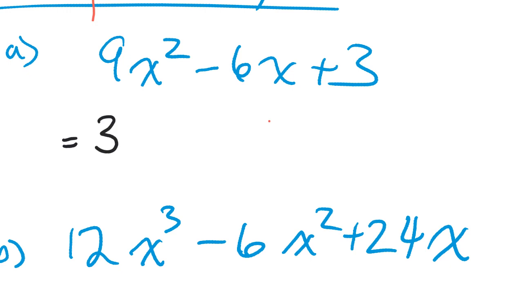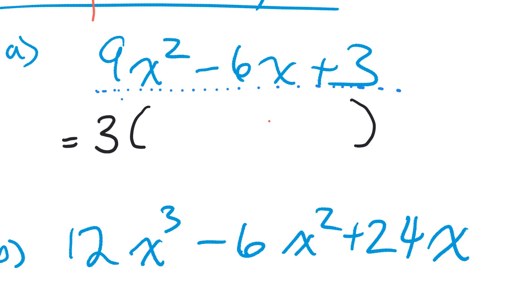But when I look at these 3 terms, you'll notice that not all of them have an x. So there's no x term in my GCF. So I can make a bracket, and then I can imagine that I'm dividing all of those terms by the number 3.